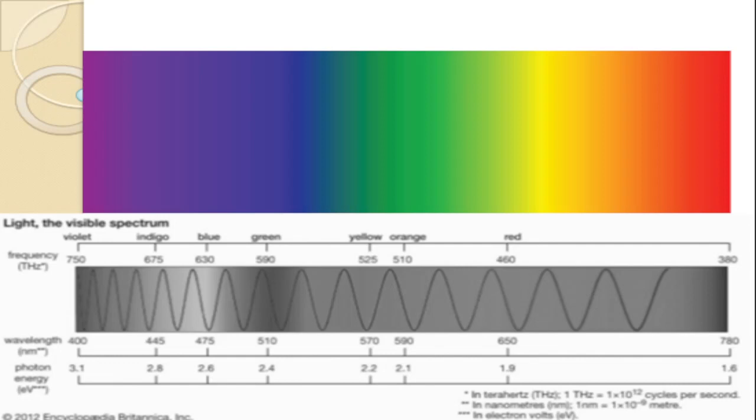The greater the frequency, the greater the energy. The lesser the wavelength, the greater the energy. The greater the frequency, the lesser the wavelength. Meaning, frequency and wavelength are inversely proportional. Kapag tumaas yung isa, bababa yung isa.